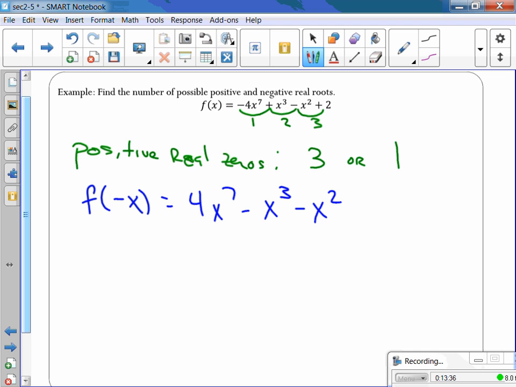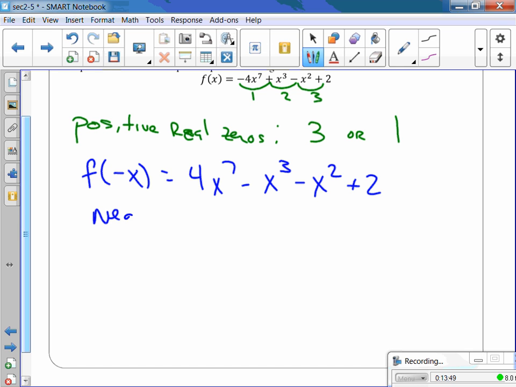So what do we have here, Ellie, as far as my sign changes? It starts off positive, so it went from positive to negative. That's 1. And then what?